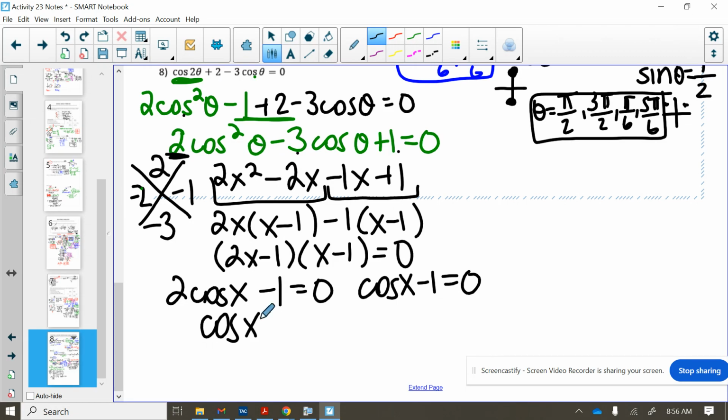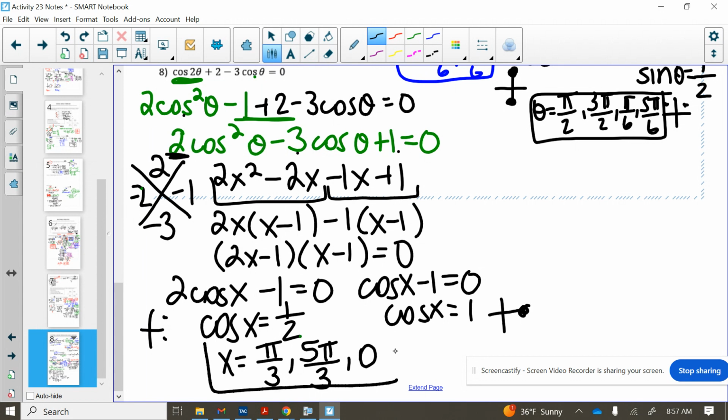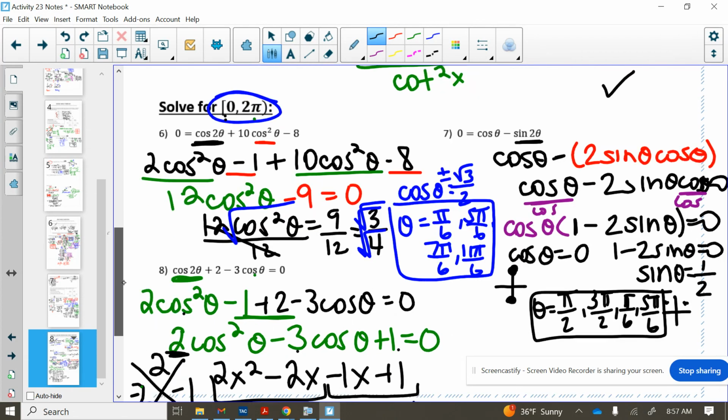So cosine is going to be 1/2 in our first and fourth quadrant at pi over 3, and in quadrant 4 at 5 pi over 3. Cosine is going to be positive 1 at 0. Again, you don't include 2 pi because it's got a parenthesis up in our instructions, not a bracket. So that's why we would include 0, but not necessarily 2 pi.